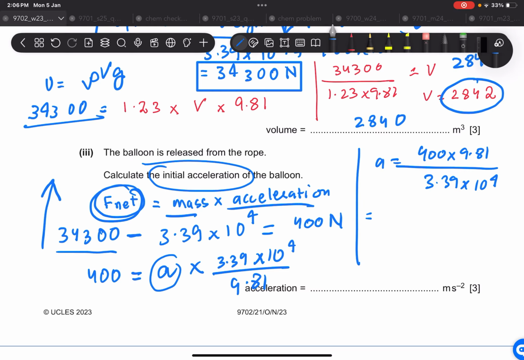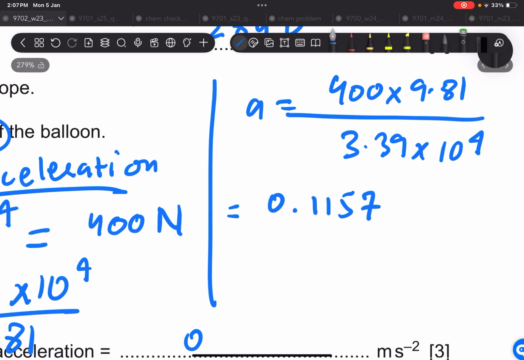I hope you're understanding what I am trying to do over here. And that gives me 0.1157. How many significant figures do I choose? I look at my question, all given to 3 significant figures. So I also go to 3 significant figures: 1, 2, 3.